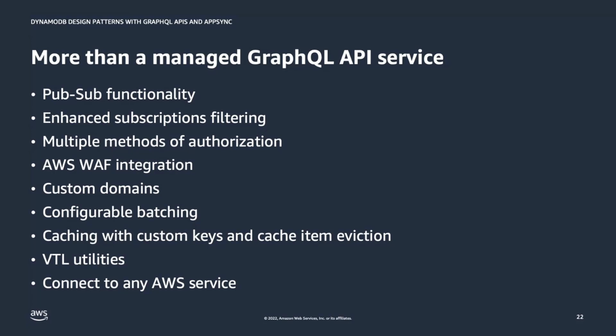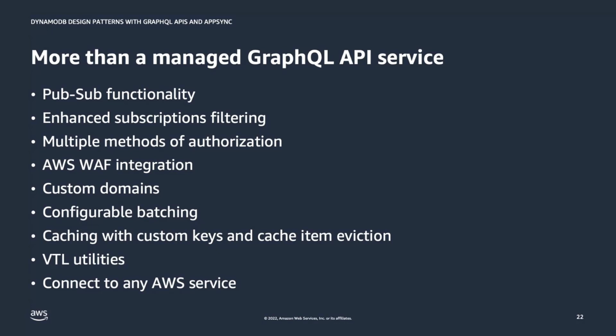We have configurable batching, which is really important if you've got data sources and you want to optimize the way you fetch data from those data sources. We support caching with custom keys. We support cache invalid item eviction as well. So this can help reduce latency on your AppSync API by avoiding fetching to data sources for every single request. We support a ton of utilities that allow you to easily work with our resolvers in Velocity Template Language, VTL.